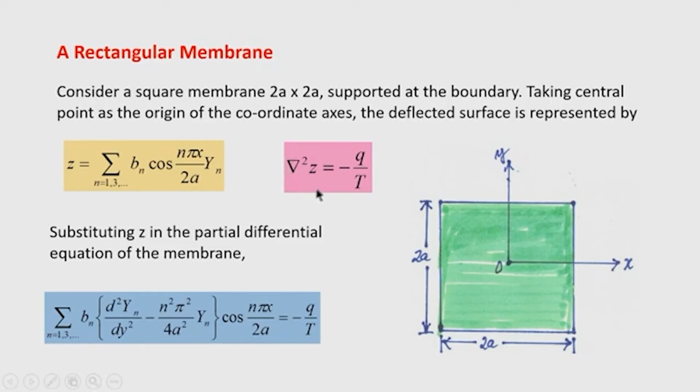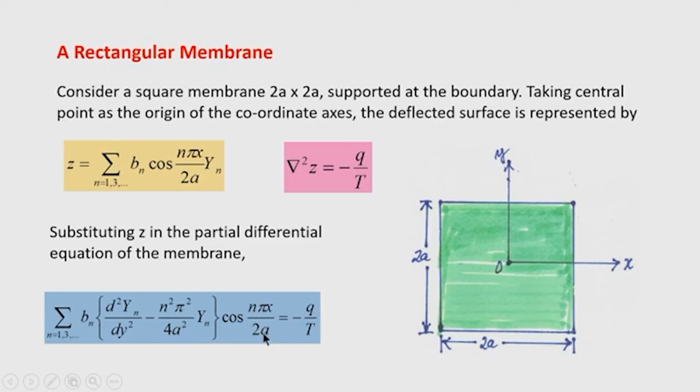When we differentiate this quantity with respect to x 2 times, then this n pi by 2a will come outside and the sign will be negative. Then here it will be n square pi square by 4 a square and y n will be there, and cos n pi x by 2a will be common to all the terms. This is equal to minus q by t.